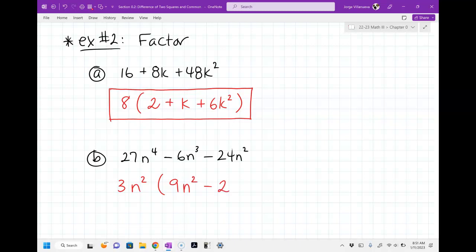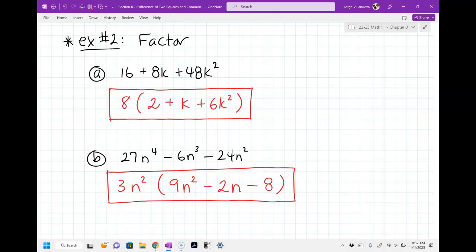So in other words, I have 3 n's, I'm going to get rid of 2, I have 1 left. Minus 24 divided by 3 is 8. And n squared divided by n squared. So I have 2 n's and I take away 2 n's. That means there's no n's left. So there you go. You're done. Okay? And that's it. So this is what your homework is going to be like, guys.